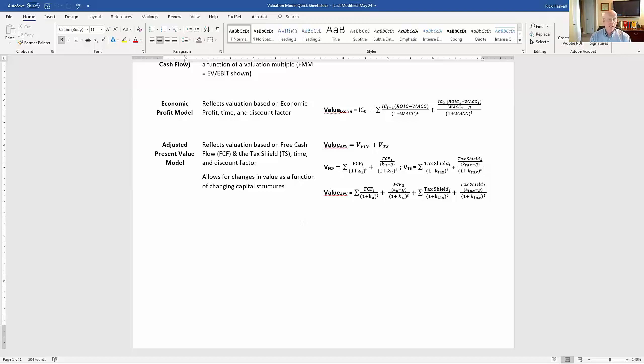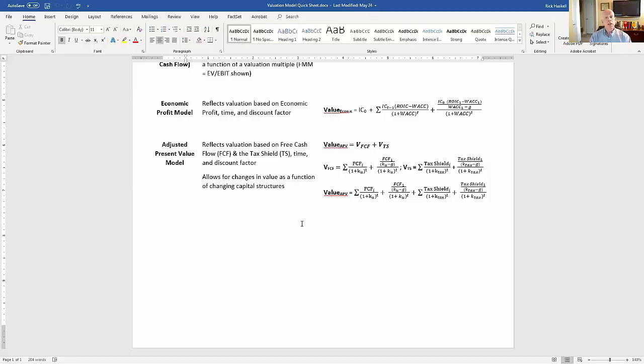So for example, if we have $10 in interest and we're at a 26% tax rate, then we get to deduct that $10 from our otherwise taxable income, and we get a $2.60 tax savings. That's referred to as a tax shield.